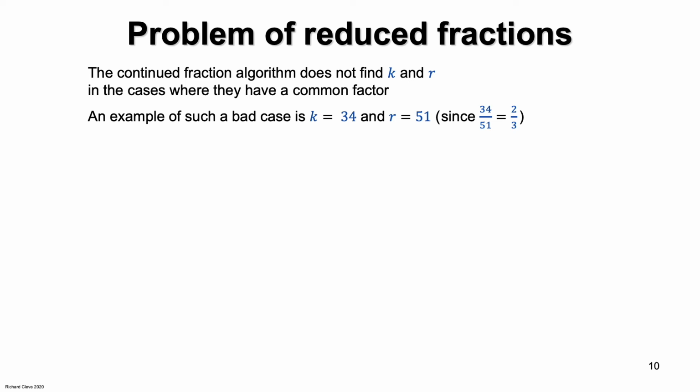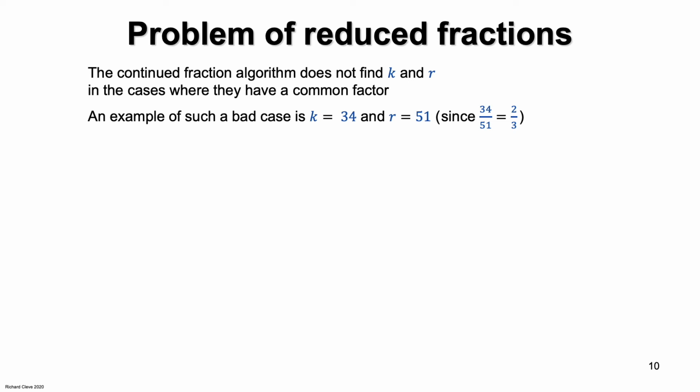The continued fractions algorithm only provides a k and r in reduced form, which does not necessarily correspond to the actual r. If it happens that the greatest common divisor of the actual k and r is 1, then this problem does not occur.